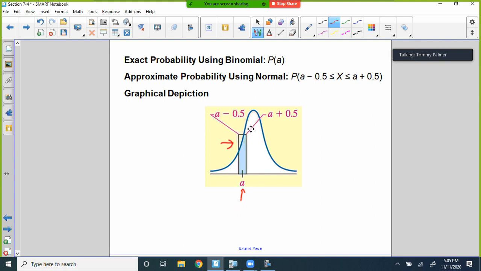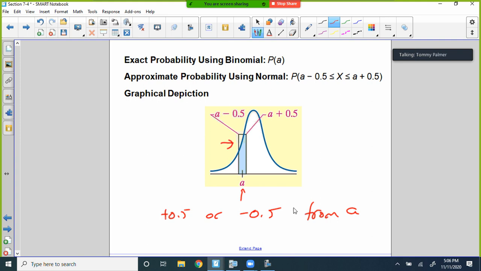So for a normal approximation of a binomial probability, you're going to go plus 0.5 or minus 0.5 from A. Now, it depends on if you want greater than, less than, greater than or equal to, less than or equal to, or between things.